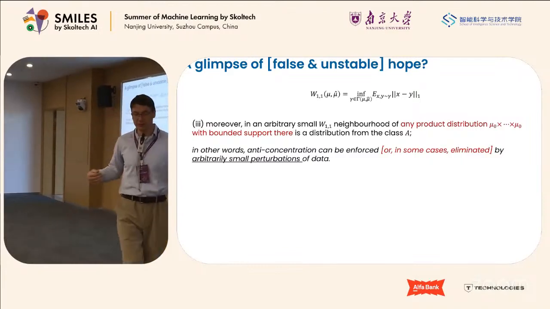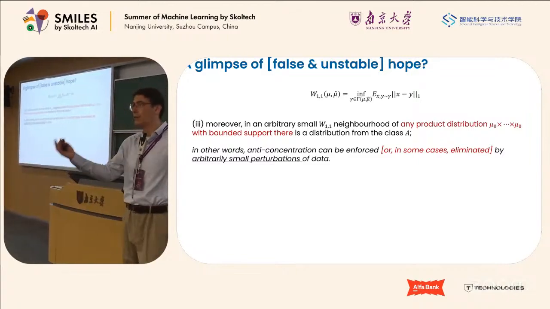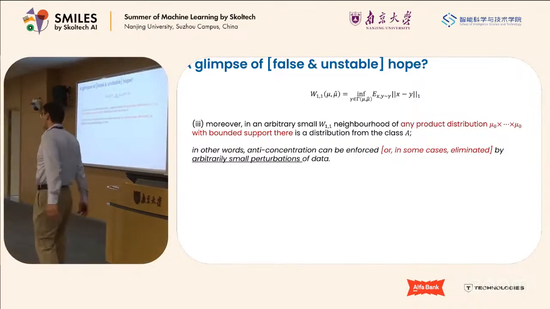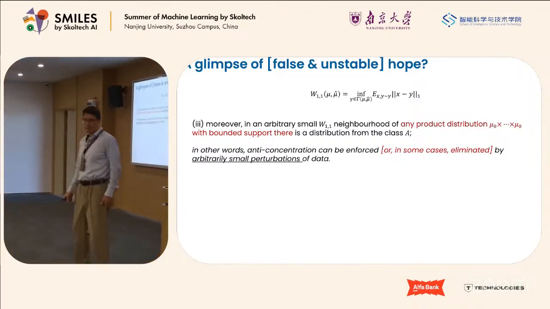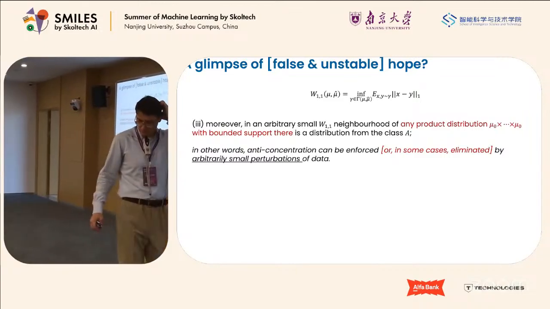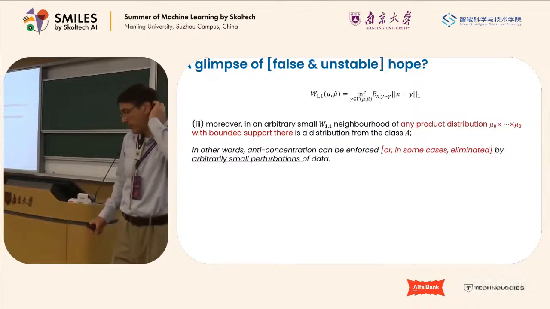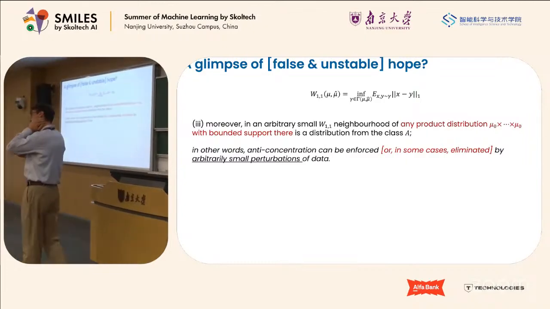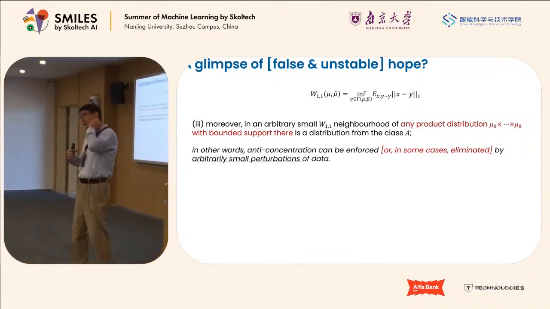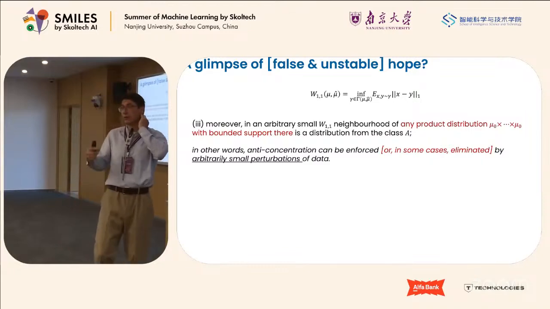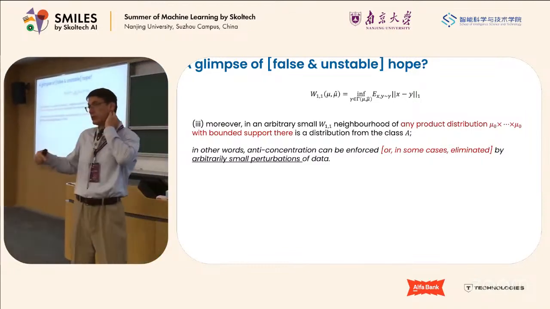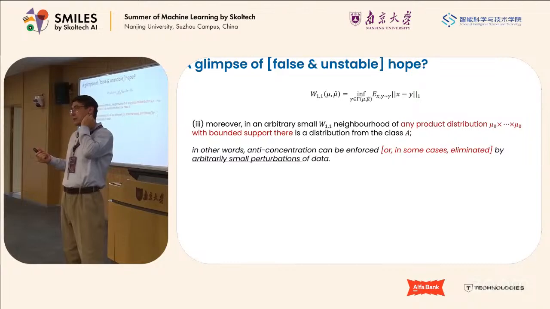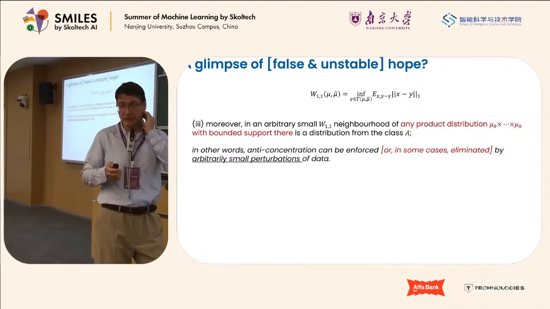Suppose that you have a distribution, and the data set is a sample from that distribution, and you know that for this distribution distances should concentrate, so it's a sample from an n-cube, right? And what I'm saying is that in a small vicinity of this distribution, there will be another distribution from which I can make a sample, and samples from that distribution will show anti-concentration behavior. So just think about that.